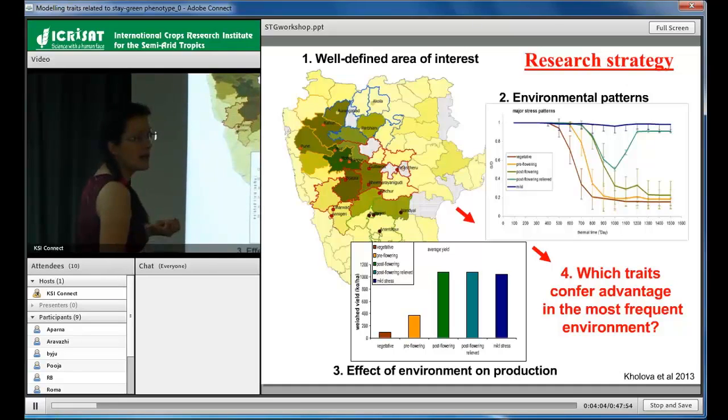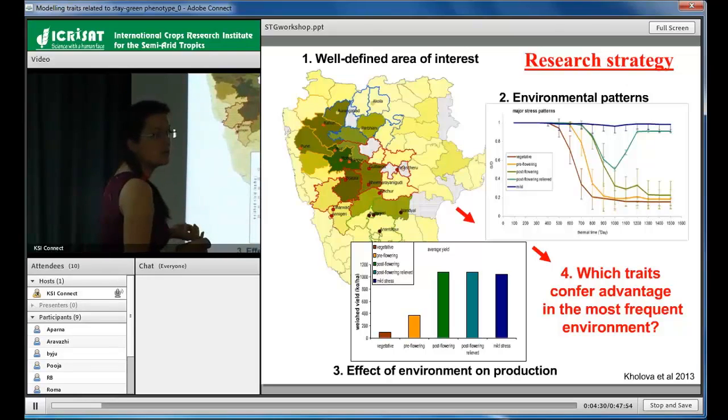Then we have to ask, if we have these limitations, what does it mean for crop production across this area? That is shown on this graph. You see that the stress which comes either before flowering or at flowering nearly completely devastates the crop yield. However, as we move to the milder stress scenarios, there is not much negative effect, at least on the grain yield production.